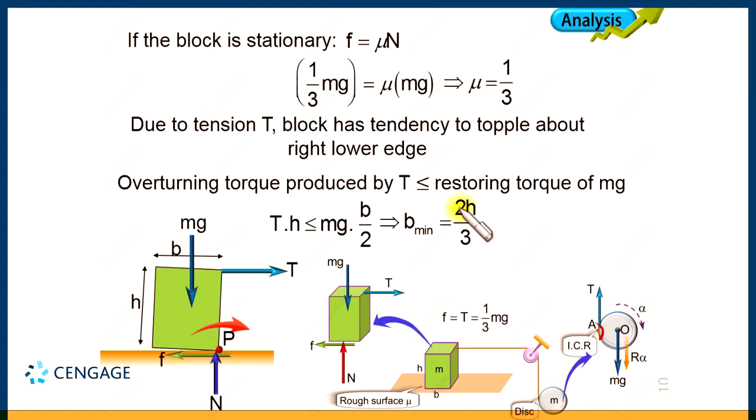So this is 15 multiplied by 2, 30, divided by 3, that is equal to 10 centimeter. That means the size of the base should be 10 centimeter, right? The minimum size of the base should be equal to 10 centimeter. If we decrease the size of the base from 10 centimeter, this object will overturn or topple about this edge.